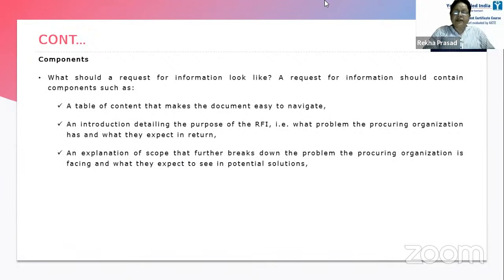An explanation of scope that further breaks down the problem the procuring organization is facing and what they expect to see in potential solutions. So with this negotiation, these things can be broken down and you can see exactly what the procuring agency wants.